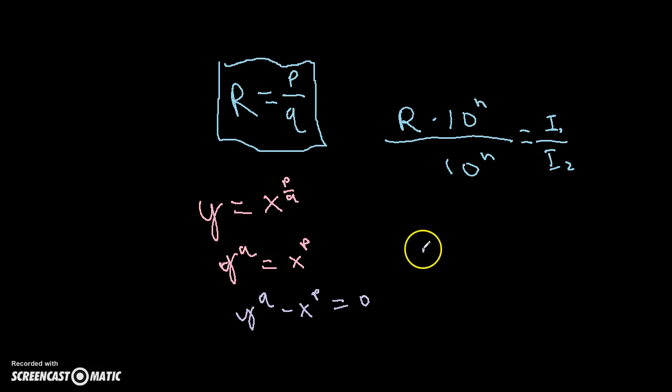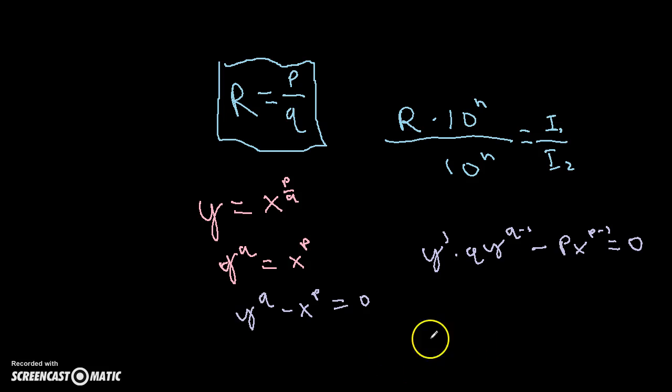So that's going to be y prime times qy to the q minus 1 minus px to the p minus 1, and the derivative of 0 is just 0. Now let's add px to the p minus 1 to each side. So now it's going to be y prime times qy to the q minus 1 equals px to the p minus 1.